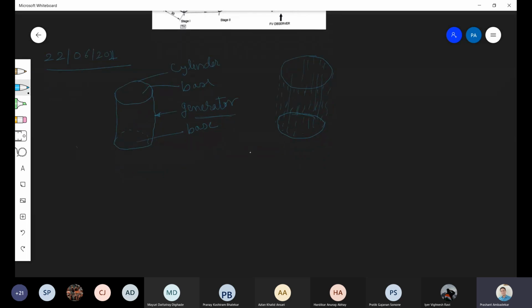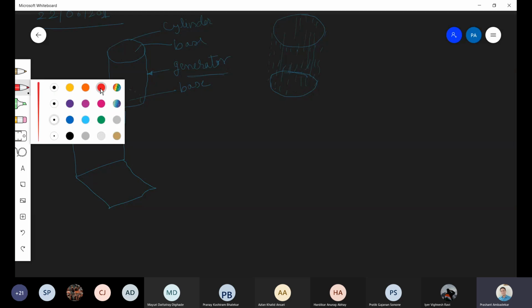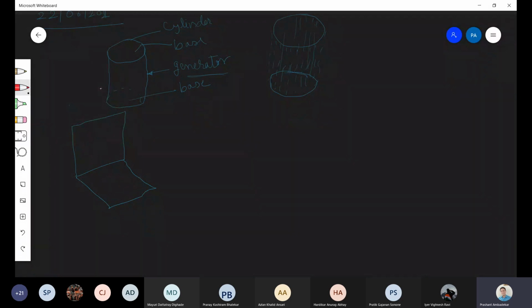Now, if I want to draw the front view and top view of a cylinder which is resting on HP. So this is the horizontal plane, and its front view and top view. And where is the cylinder? The cylinder is here. It's resting on HP.